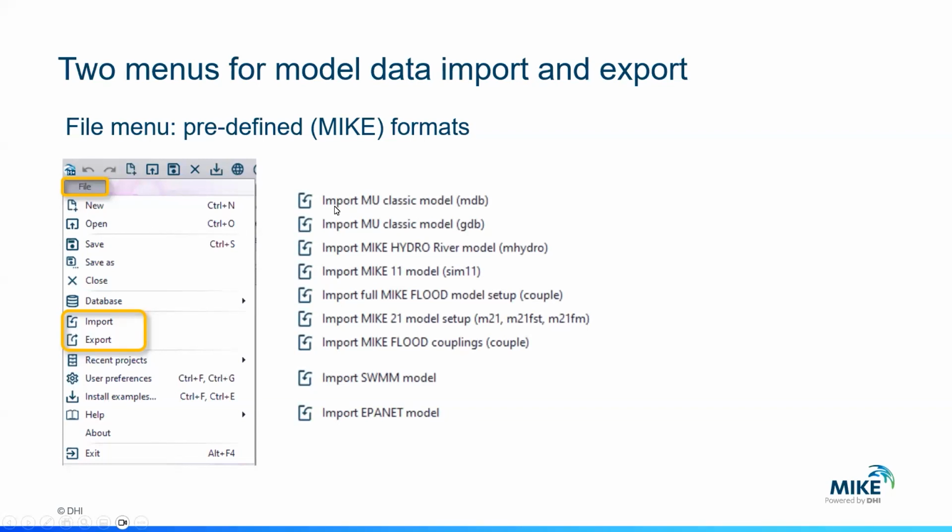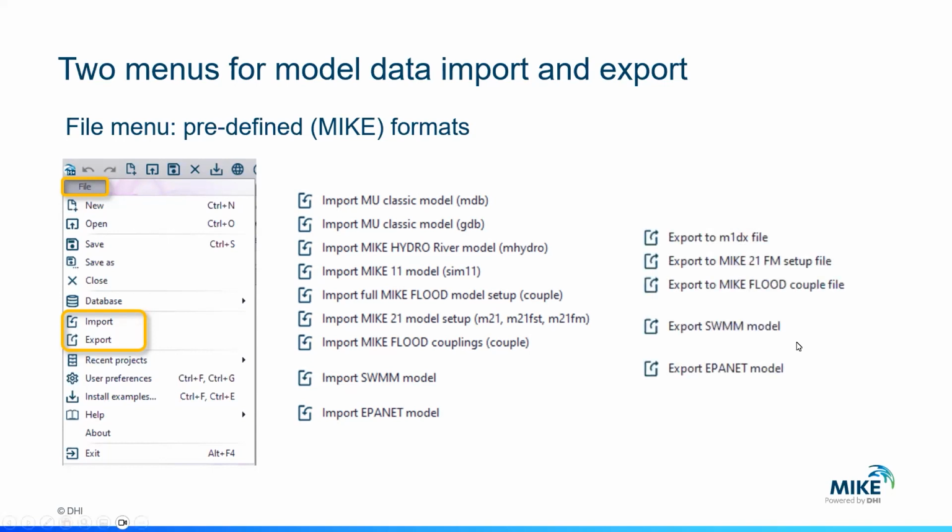The difference is that it imports and converts older formats mostly into Mic Plus, or it imports data which is more or less one-to-one used in Mic Plus, like Swim and EPANET. The same goes for export, some mic formats or Swim or EPANET. But that's a predefined import and export. We can't change anything when we press the button.